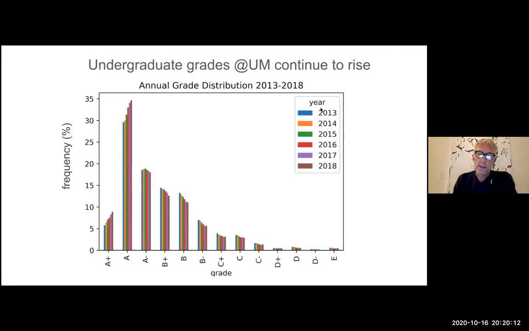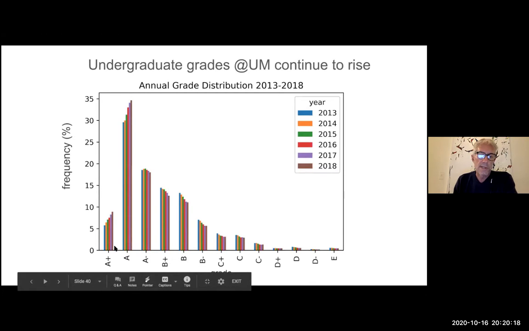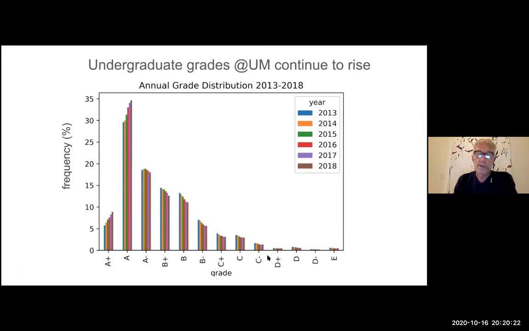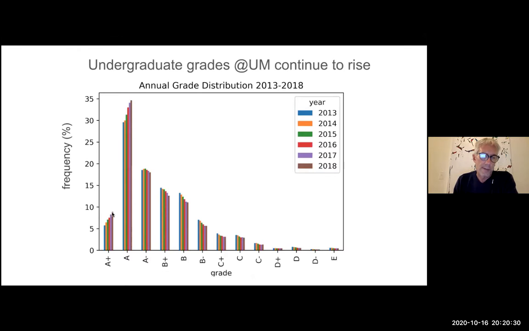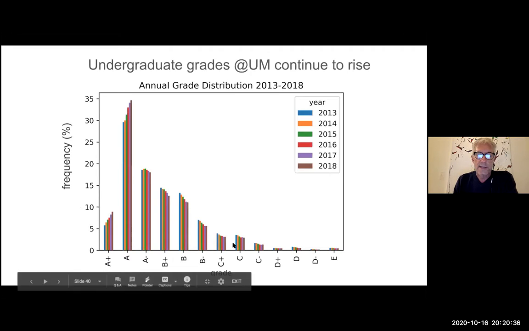Here, the color shows you the year running from 2013 to 2018, and this is the frequency of the different letter grades given out in undergraduate courses across the university. You can see A pluses, in just that 5-year period, went from 6% up to 9%. A's increased another 5%, at the expense of basically low grades. So grades are rising.